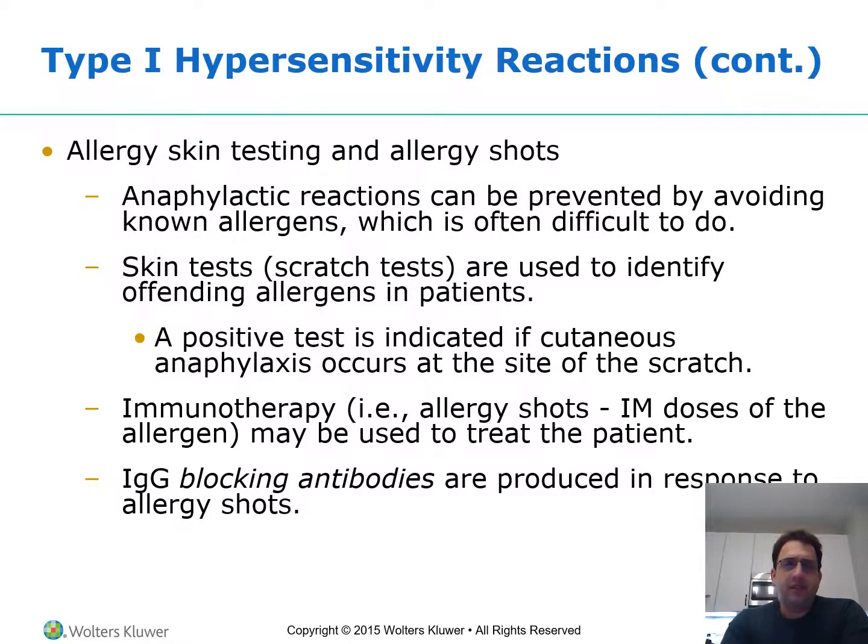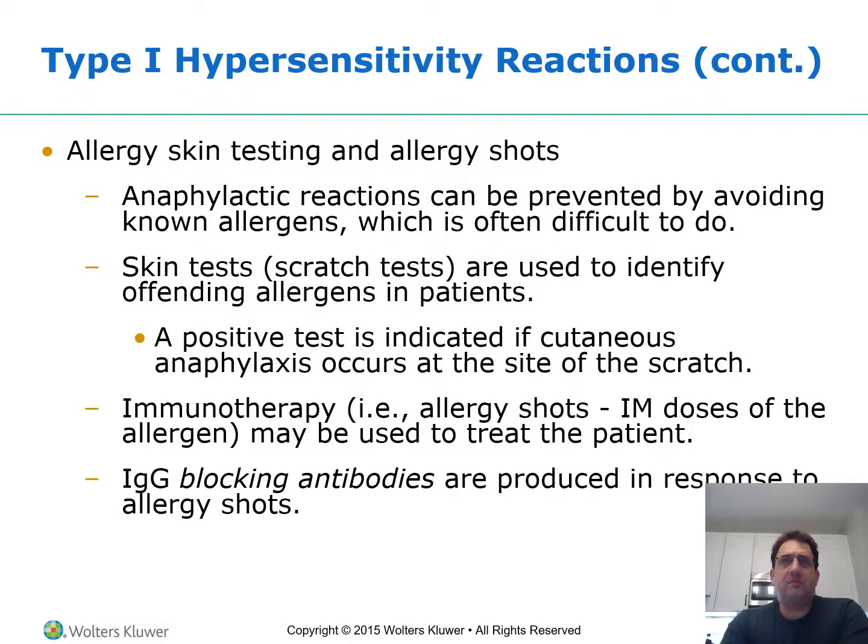Now, in order to treat this medically, we typically use immunotherapy, allergy shots, which basically means we're going to take this allergen and inject a small amount of it into your muscles, IM injections.